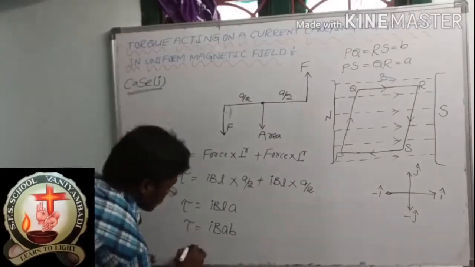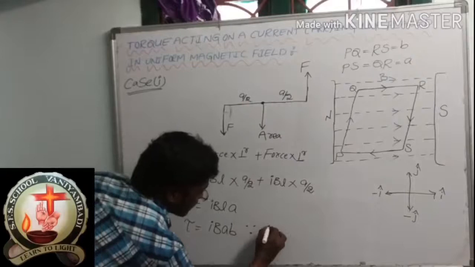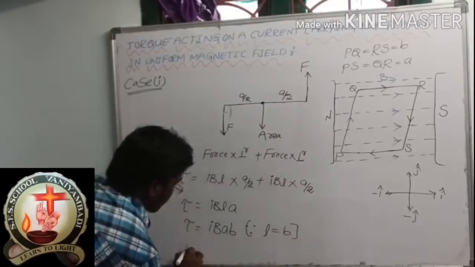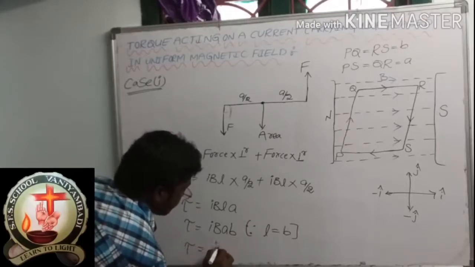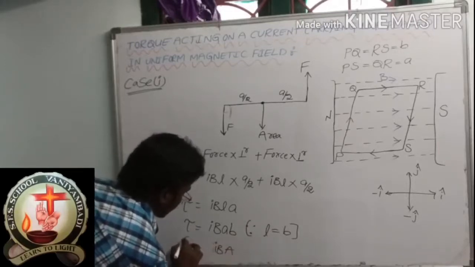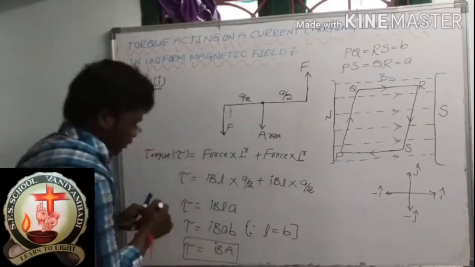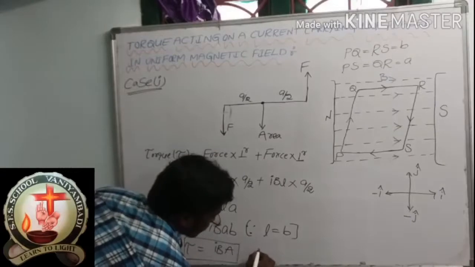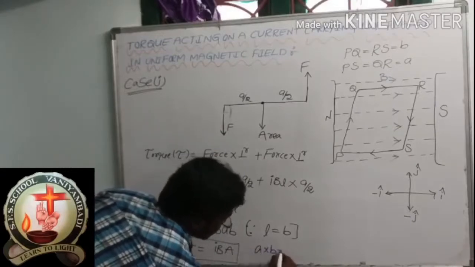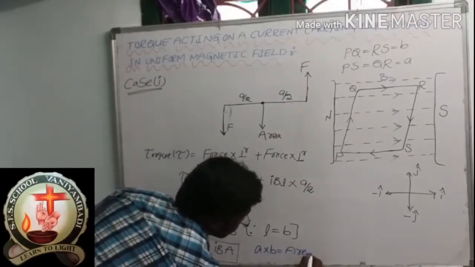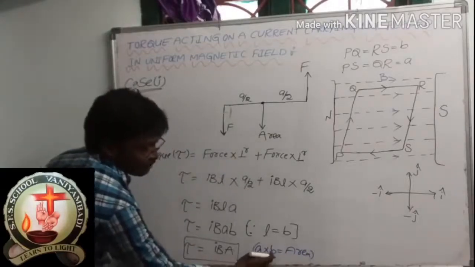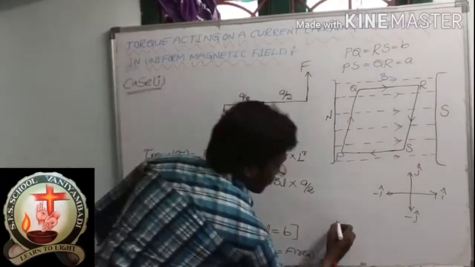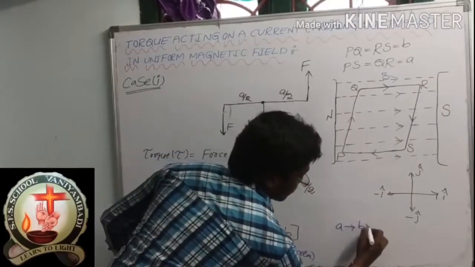Area. So here you can write, since L is equal to B, tau is equal to I, B, A. So for what reason did I write it here? A into B is equal to area. A means length, B means breadth, or B means length, A means breadth. You can write either, no problem.